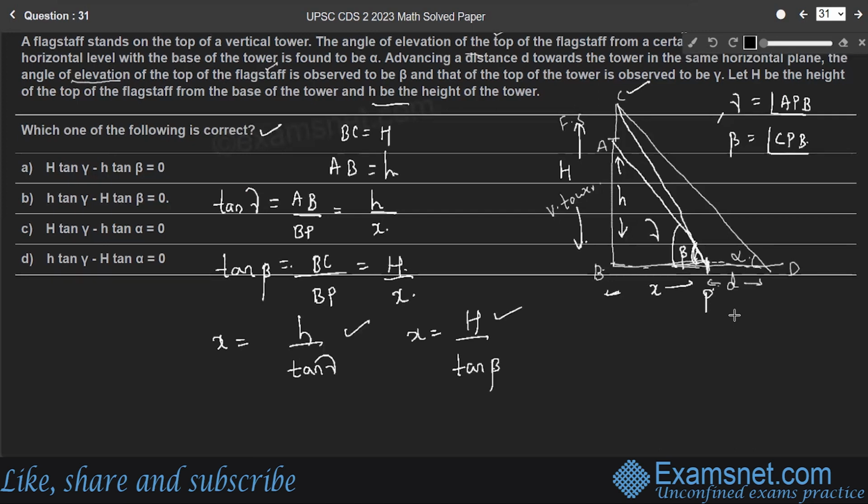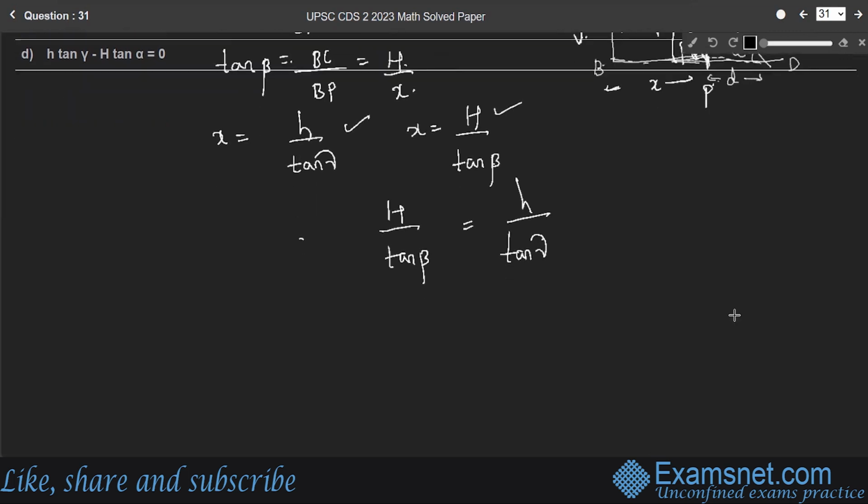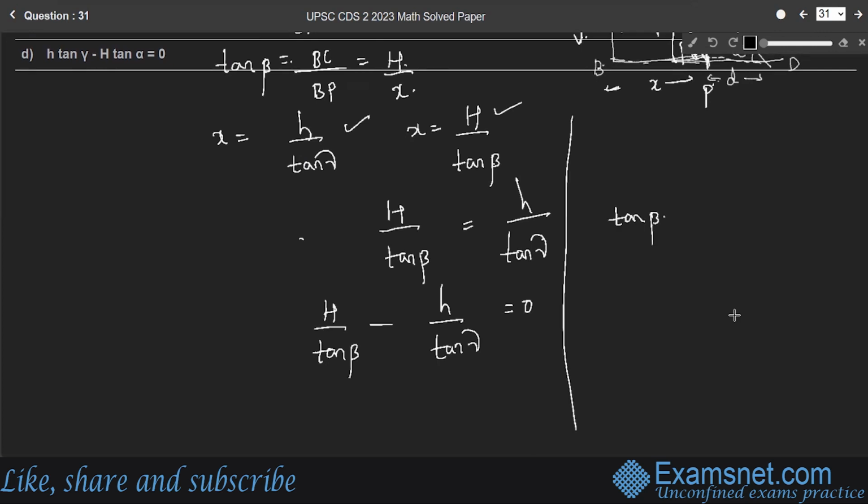Therefore, we can equate these two. So capital H by tan beta is equal to small h by tan gamma. So capital H by tan beta minus small h by tan gamma is equal to 0. Since LCM is tan beta into tan gamma, the numerators become capital H into tan gamma minus small h into tan beta, which is equal to 0.